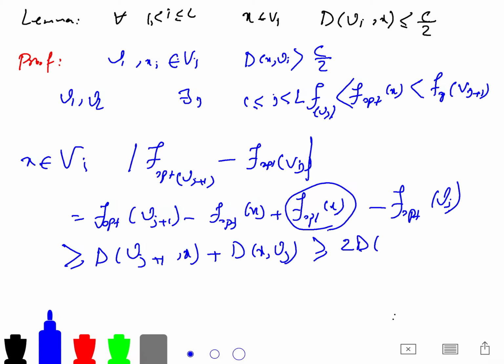And this is greater than 2 d of x and Vi. And because this is greater than c, we have a contradiction, because the expansion of f is at most c. You cannot say that this is greater than c. So it's a contradiction, and we've proved it by contradiction.